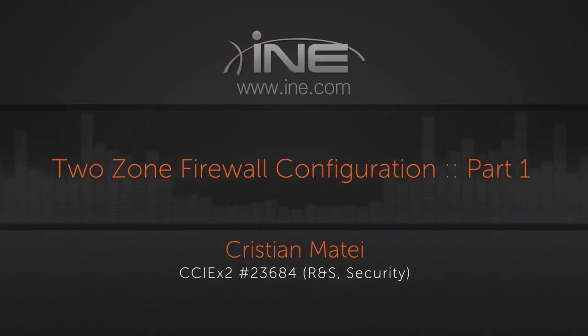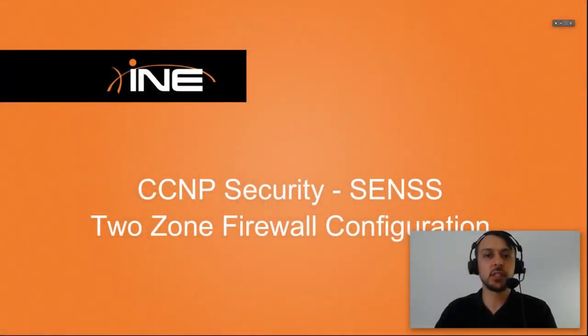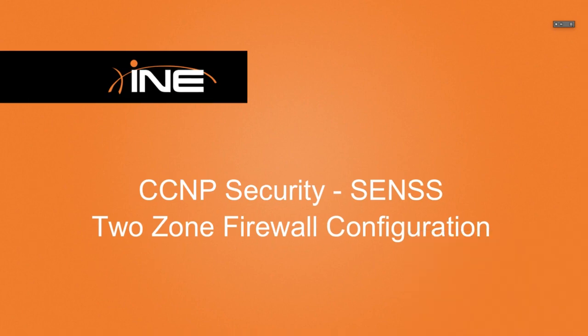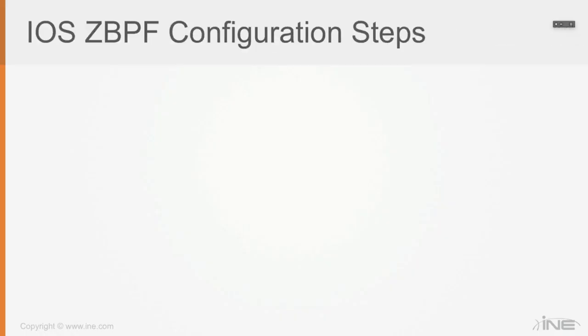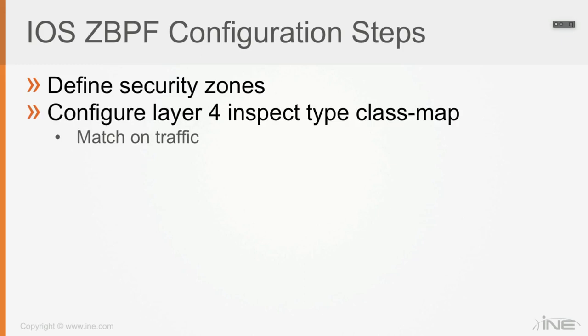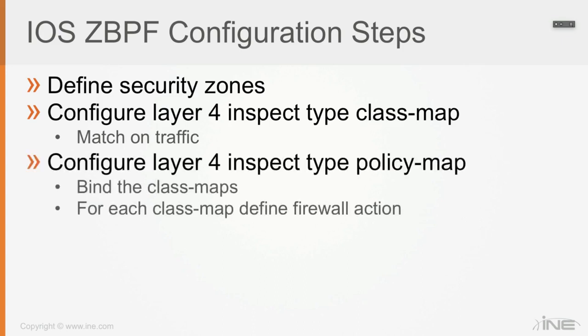Okay, let's go to the actual configuration to begin with of a simple two-zone firewall. Very simple configuration to begin with. The configuration steps are: define the zones, configure the layer 4 inspect type class map to match on traffic, then configure the layer 4 inspect type policy map.